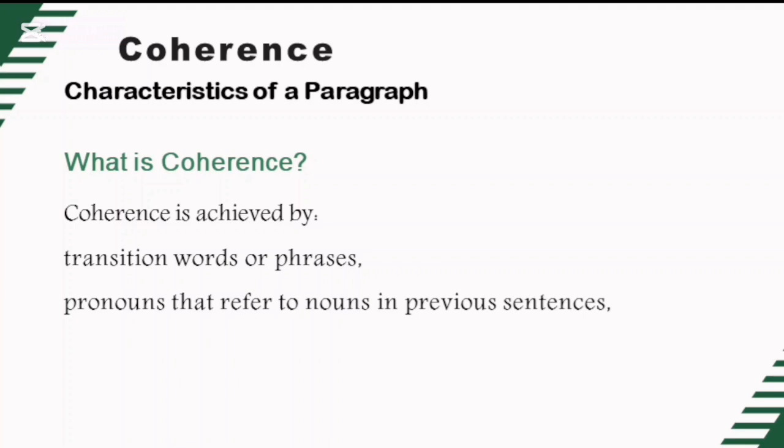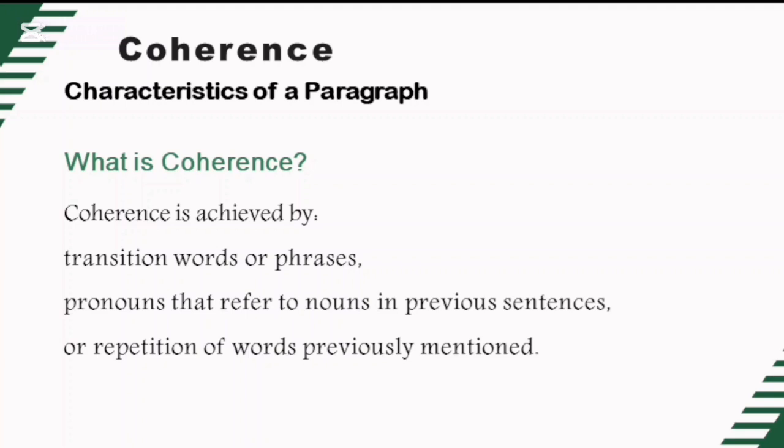Pronouns are also used in order to substitute previously mentioned nouns. Therefore, they help tie the paragraph together coherently. Coherence might also be achieved via repeating keywords in a summary or in a paragraph in general.